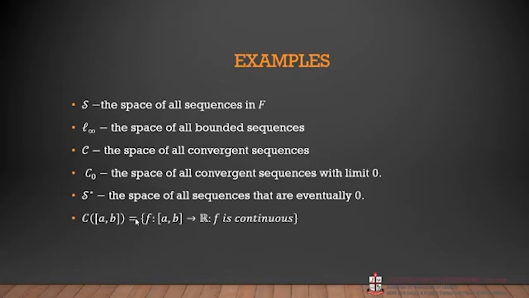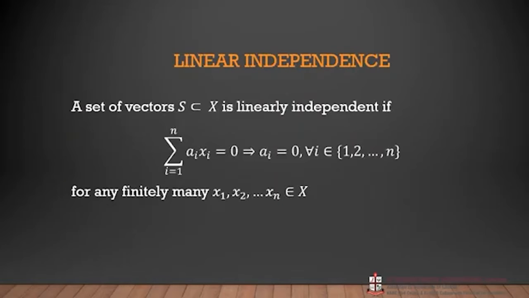Now C[a,b] means the set of all functions f from [a,b] to R such that f is continuous. These are all examples of linear spaces over R or C.